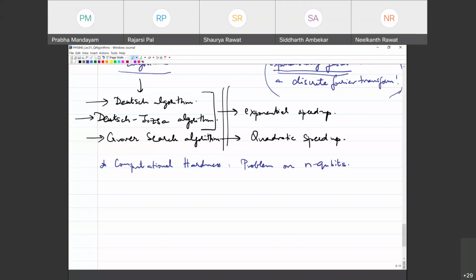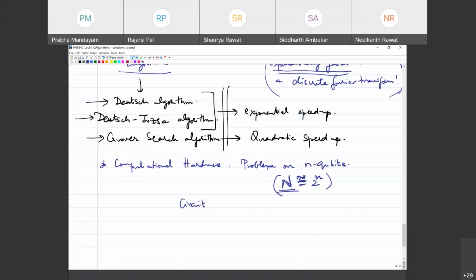For example, it could be defined on some natural number N, which is close to 2 to the n. So that's when, for example, you can think of searching over a database with capital N entries. Now this capital N is smaller than or equal to the closest power of 2, so we'll say that this is approximately 2 to the n, or you have a ceiling function which is 2 to the n.